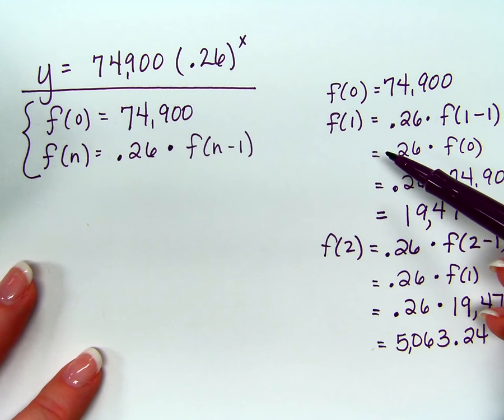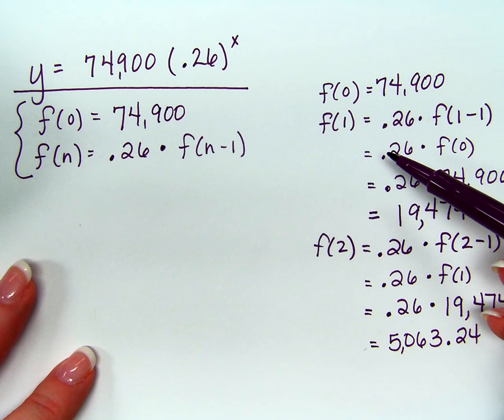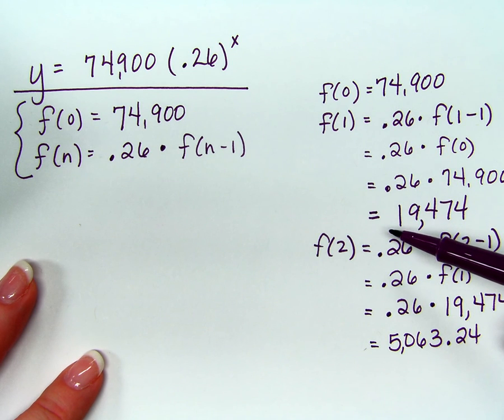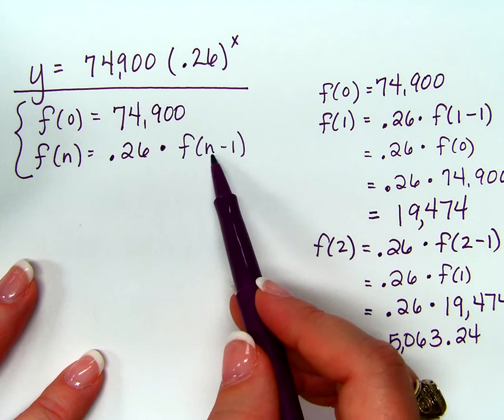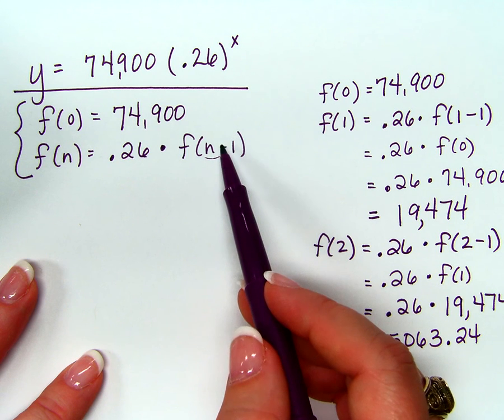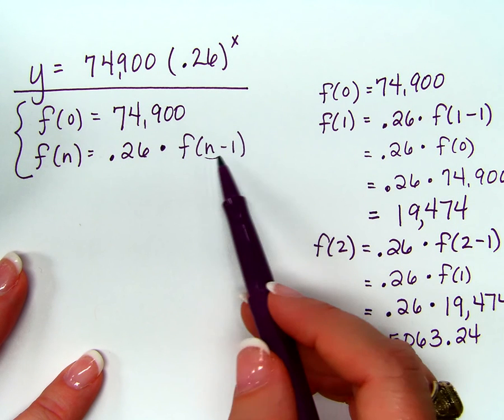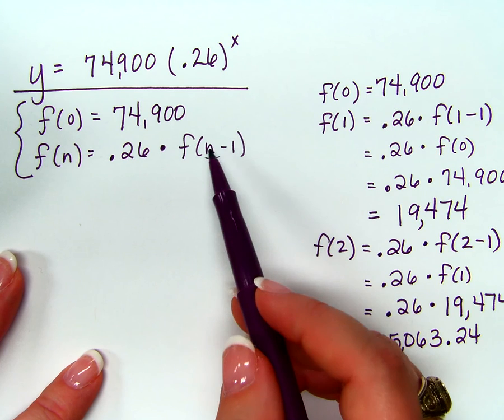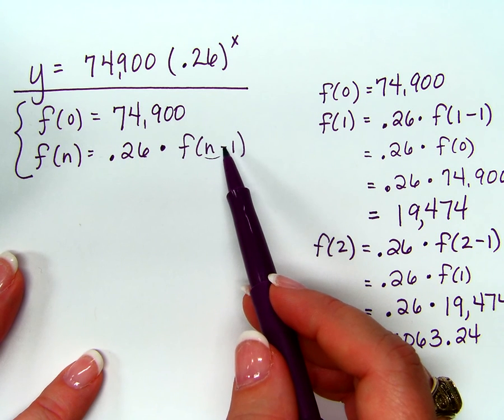But if I want the 7th term, is this really helpful? If I want the 7th term, I have to know the 6th term. And if I need the 6th term, I also have to know the 5th term, and then the 4th term and the 3rd term and the 2nd term and the 1st term and the 0 term, right?